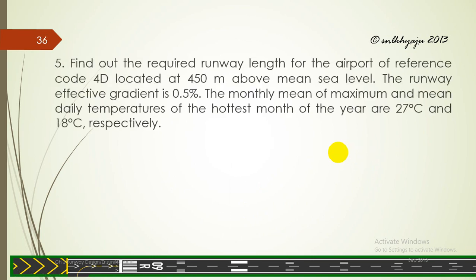Example 5. Find out the required runway length for an airport of reference code 4D located at 450-meter elevation above mean sea level. The runway effective gradient is 0.5%. The monthly mean of maximum and mean daily temperature of the hottest month of the year are 27 degrees Celsius and 18 degrees Celsius respectively.